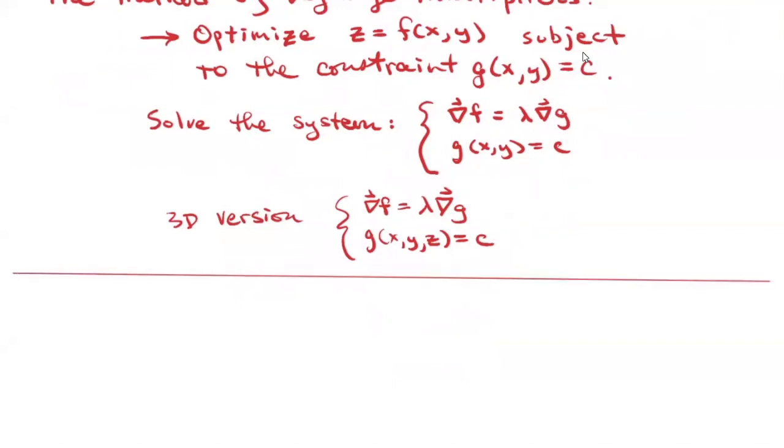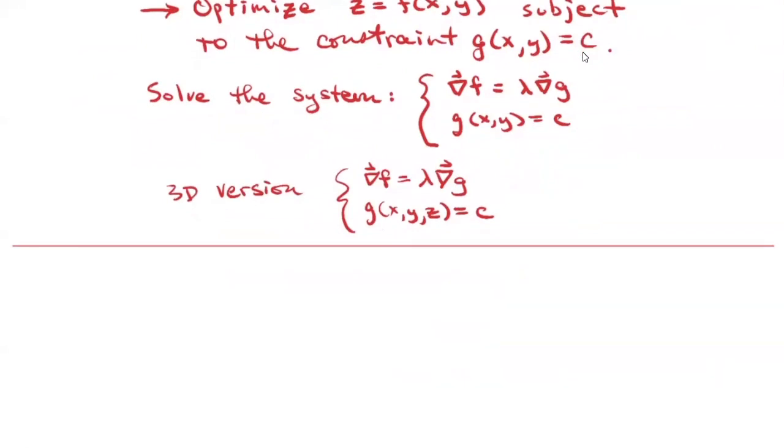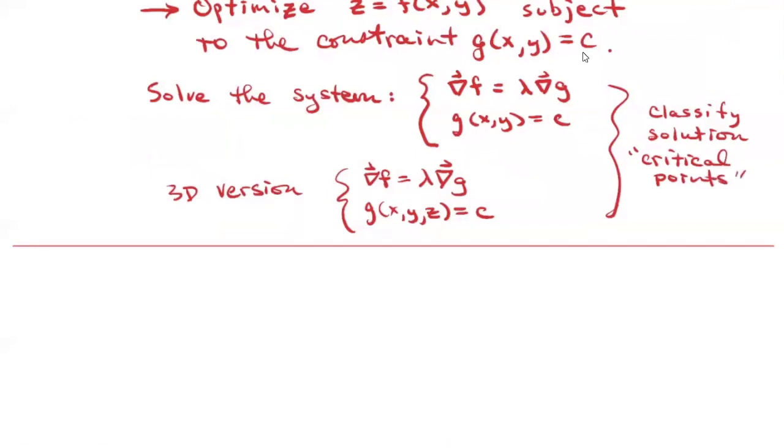That's all you need to know in terms of how to do Lagrange multipliers. You just have to be really careful. And I should say, you would classify the solutions, the critical points, any way you can.